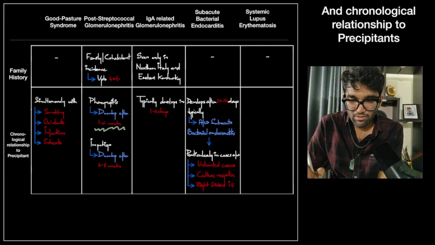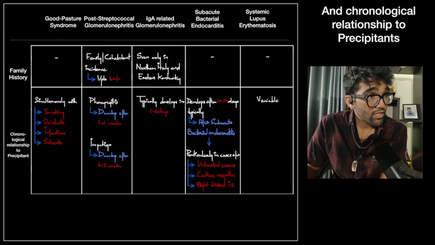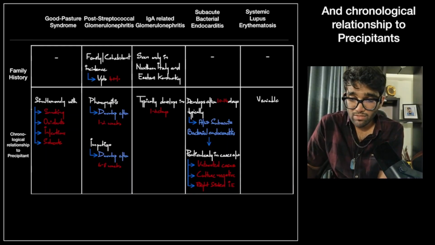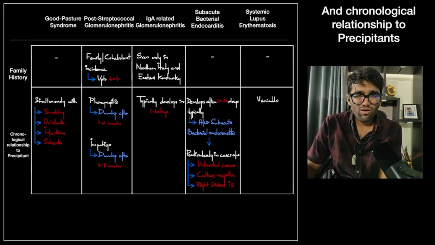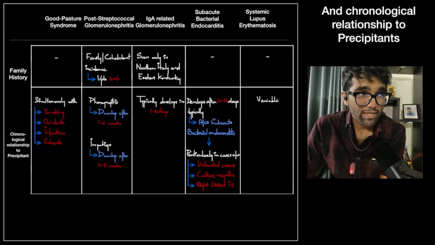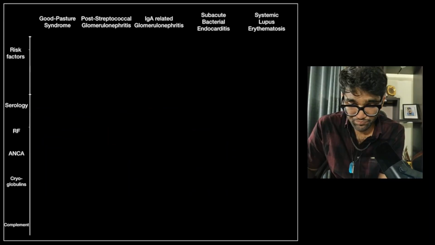So these are the three situations in which you get it. SLE, again, there is often an infectious agent that coexists with SLE, but the dynamics of SLE and its precipitation are quite complex. So we'll discuss that at a later date when we delve into SLE in detail.